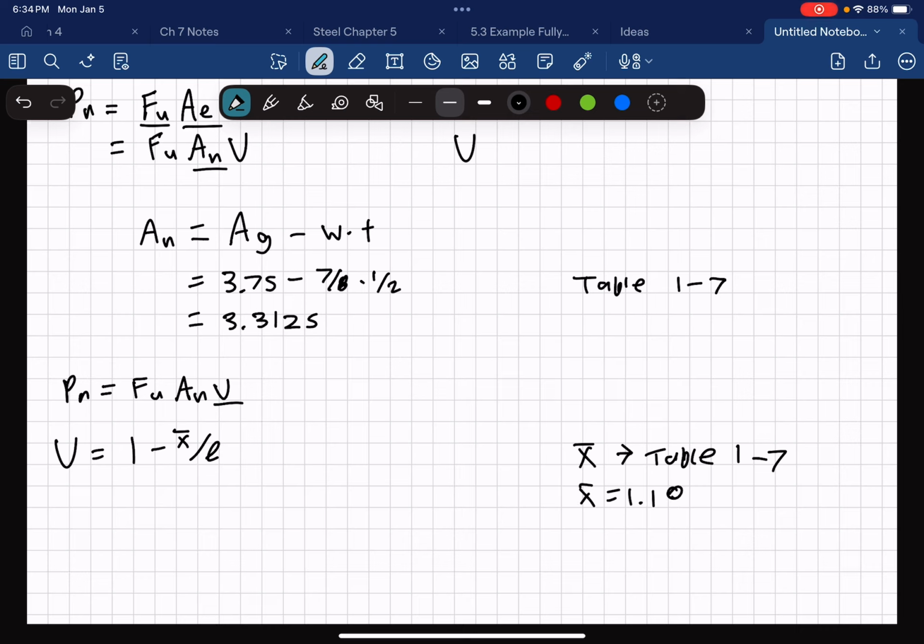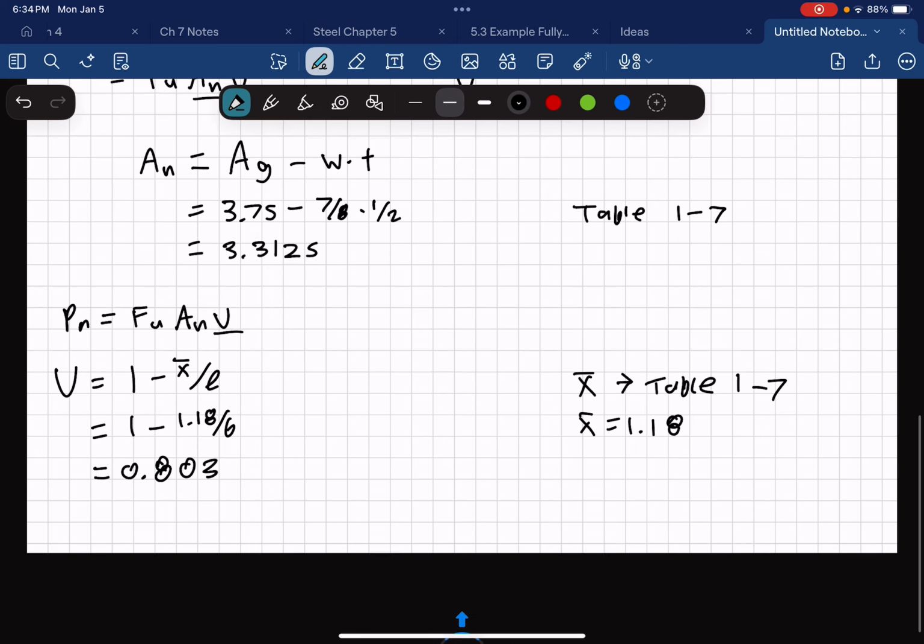And now we have what we need. 1 minus 1.18 divided by 6, and both x bar and L are in inches, so that checks out. And what we have there is 0.803.